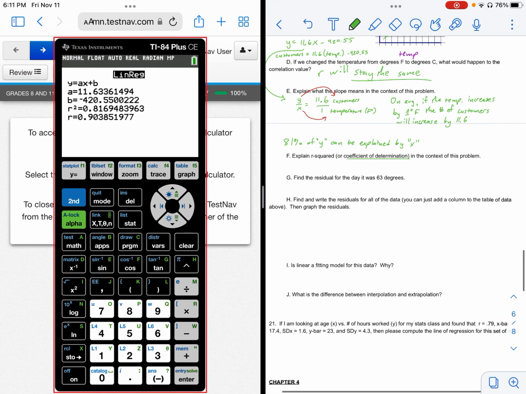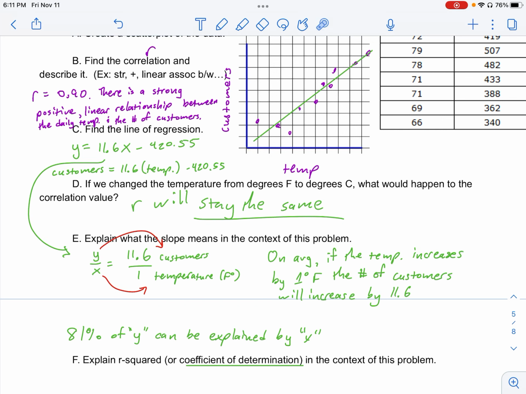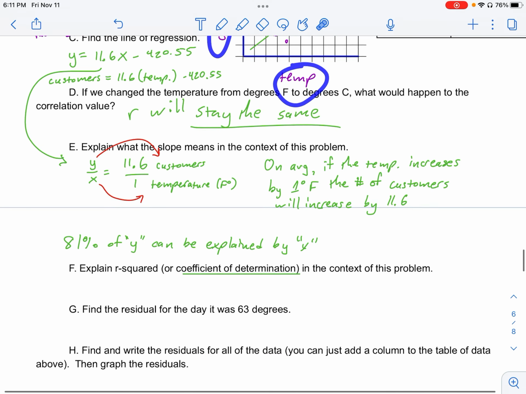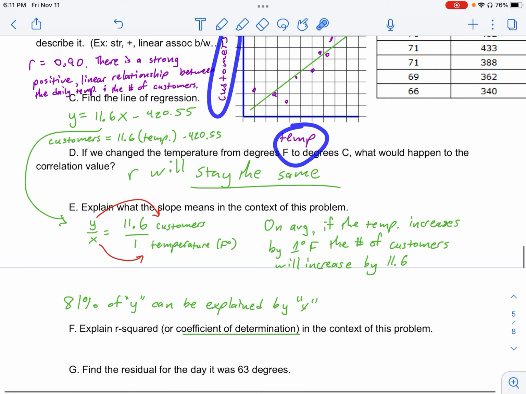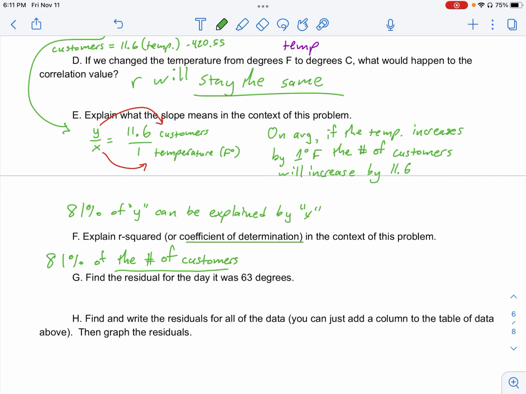But you need to put that in context. So what is y and what is x? This is why I keep coming back to this. Y is your number of customers. X is your degrees in Fahrenheit. So 81% of the number of customers, that's Y, what I'm underlining here in purple.